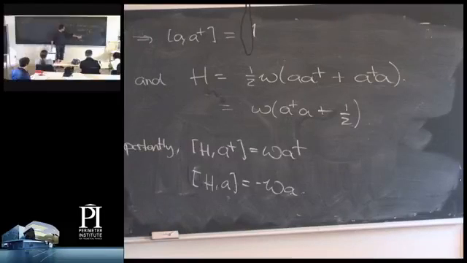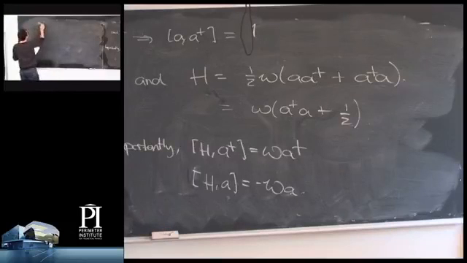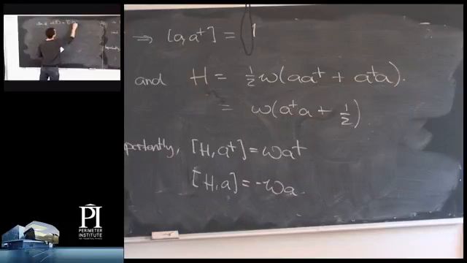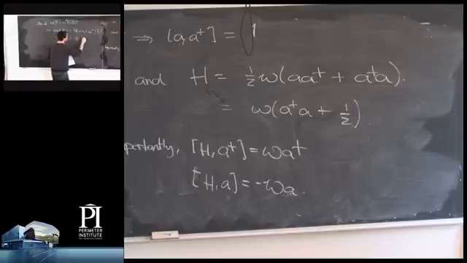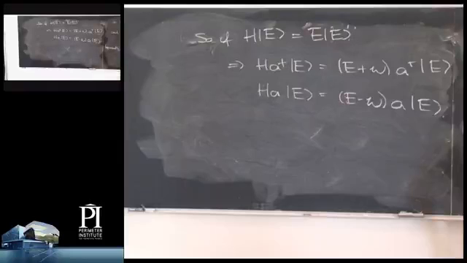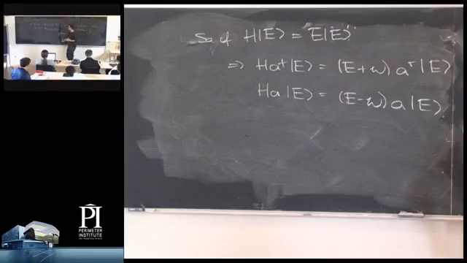So what this means is that if we've got one eigenstate of H, we can act with A and A dagger and get another energy eigenstate. Okay, so we get this tower of energy eigenstates.